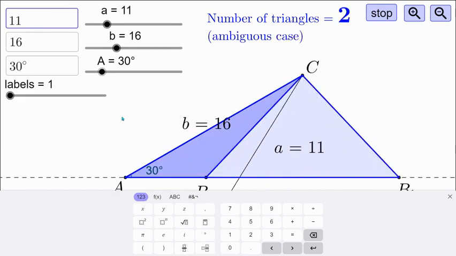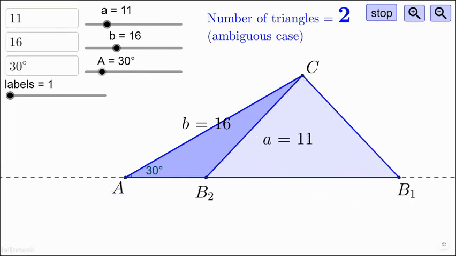Basically, between 8 and 16, we're going to have situations where 2 triangles are formed. The first triangle is this small dark blue obtuse triangle. I say obtuse because, as you can see, angle B2 is obtuse.